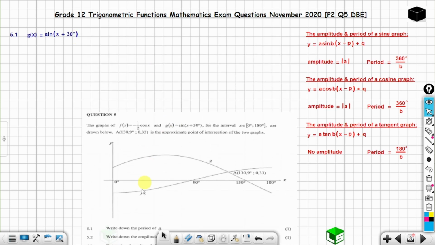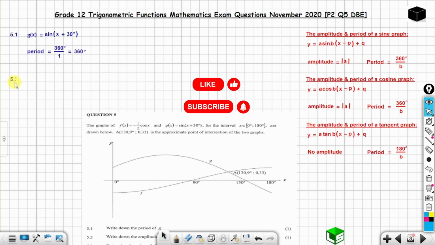This is a sine graph, so the period is equal to 360 over B. What is B? In this case, B is equal to 1. There is an invisible 1 in front of this bracket, so it is 360 over 1, and the period is equal to 360.